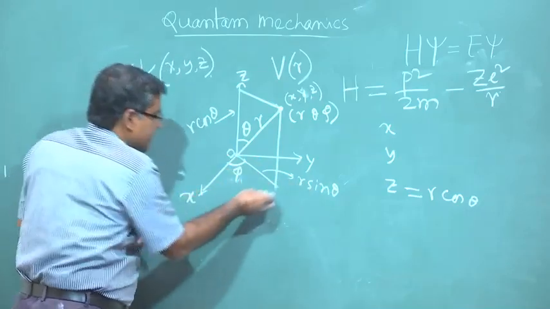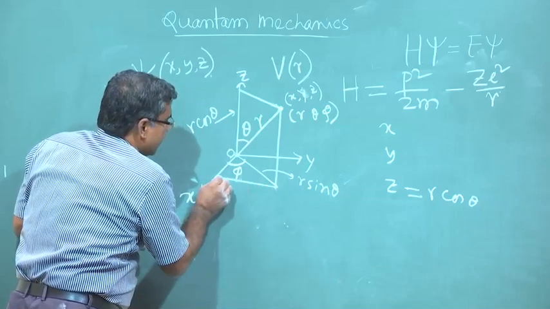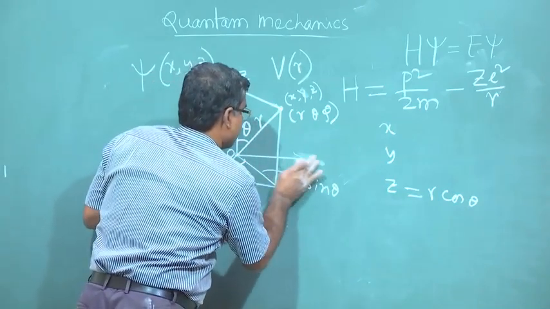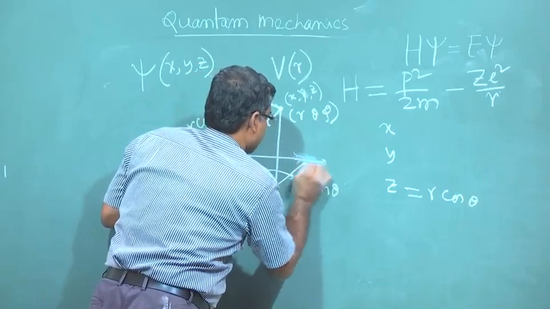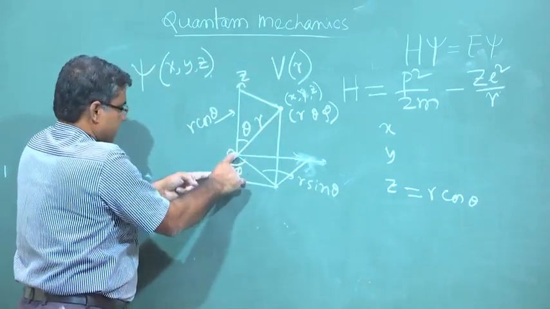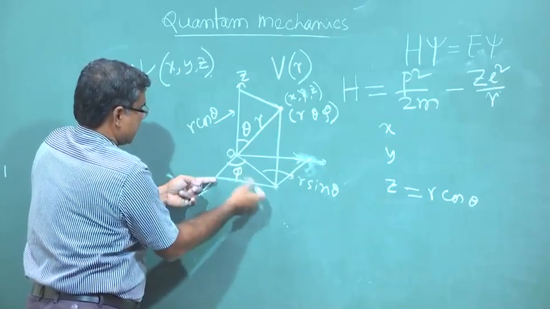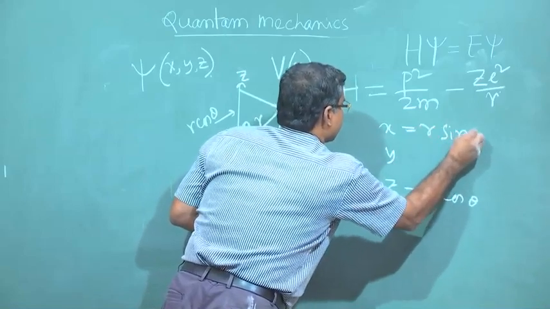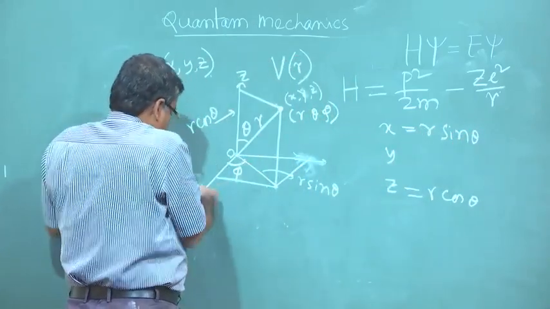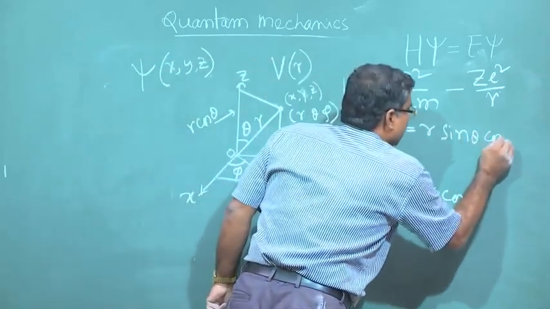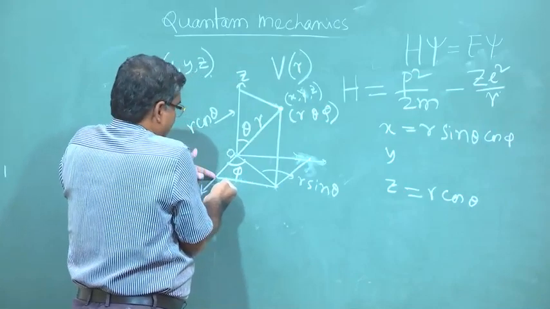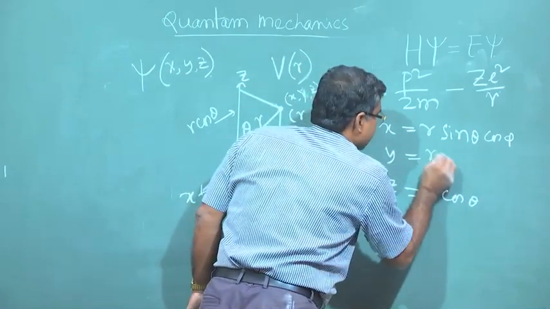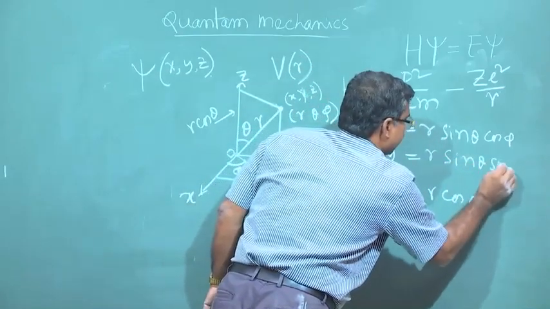So x is r sin theta cos phi, and the y component is r sin theta sin phi.